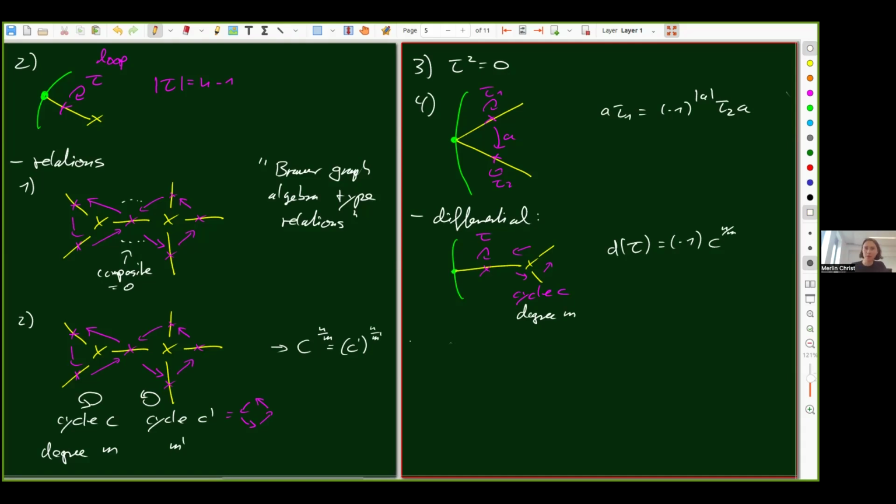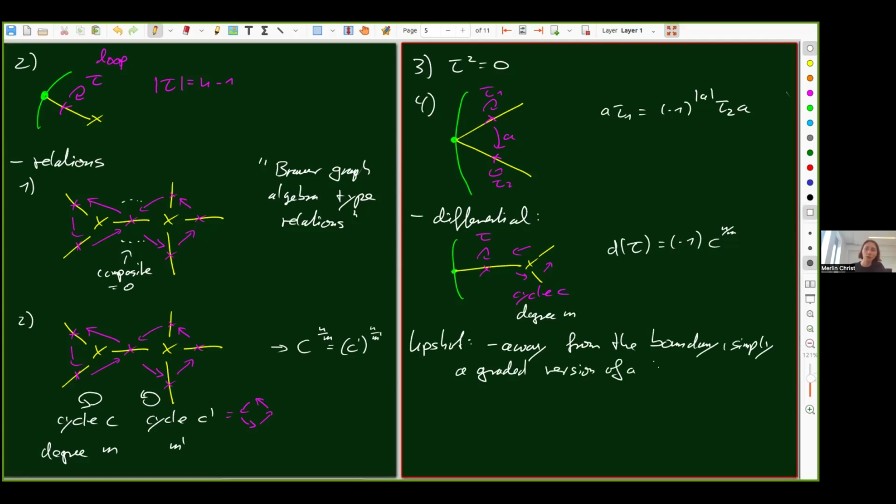Okay, so this is the full definition, and then the upshot is the following. Away from the boundary, this is simply a graded version of a Brauer graph algebra. So Brauer graph algebras, they're really honest algebras.